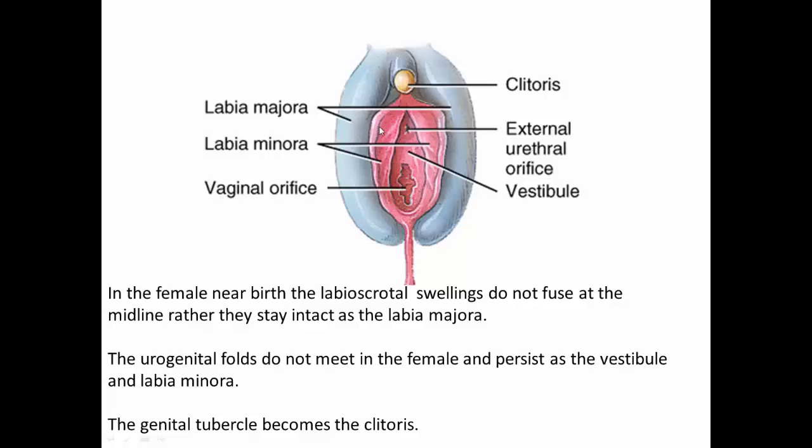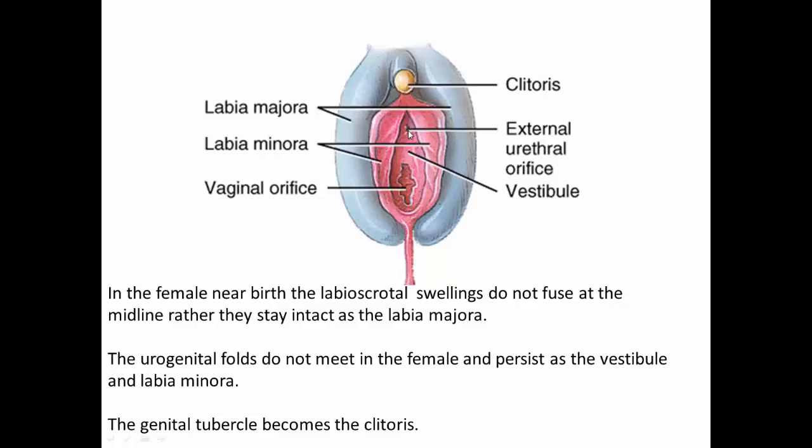Because those two urogenital folds didn't fuse, the urethra opens at the point that it opened very early in development at about 5 weeks. And so there's a relatively short urethra, right?